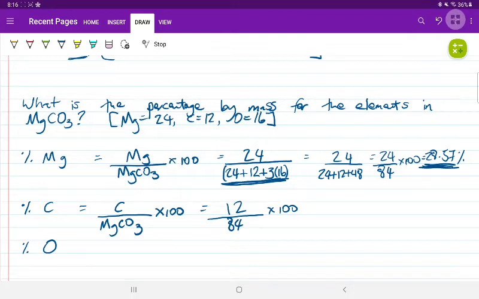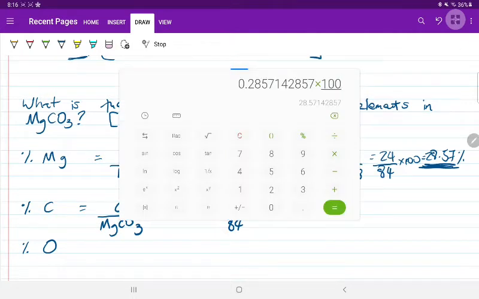Anytime it's required for you to calculate the RMM, you will get a point for it. So don't leave off the RMM calculation. Don't throw away that one mark. So now we need to divide 12 by 84 multiplied by 100. That's 14.29%.